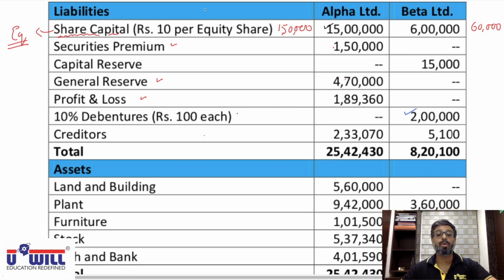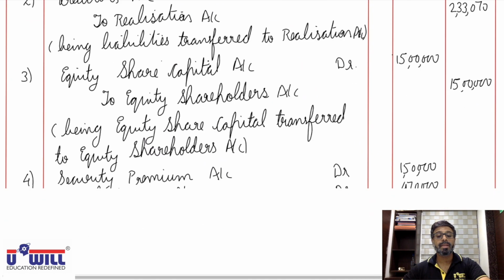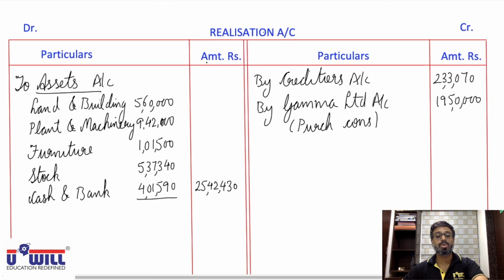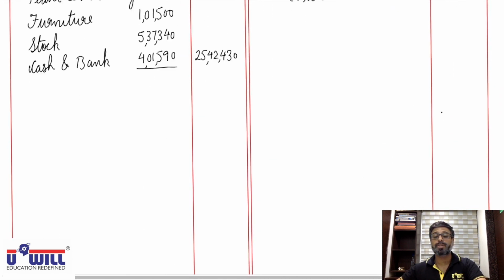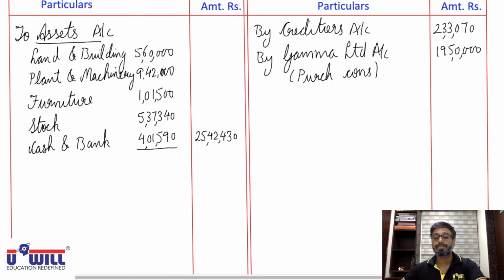Now 13th and 14th, last two steps. I told you instead of entries just remember the steps. Realization account will be closed and transferred to equity shareholders account. So first we'll find the balance of realization account. Realization debit side seems to be more.